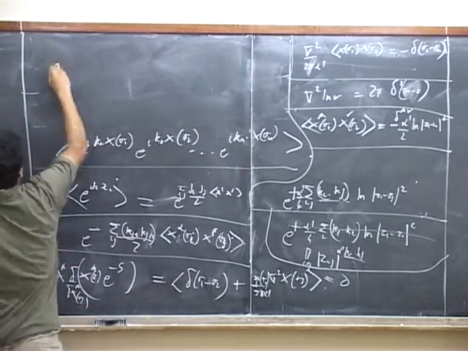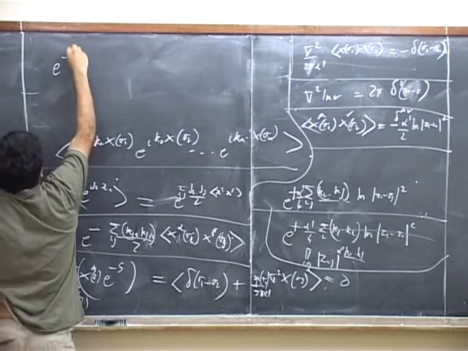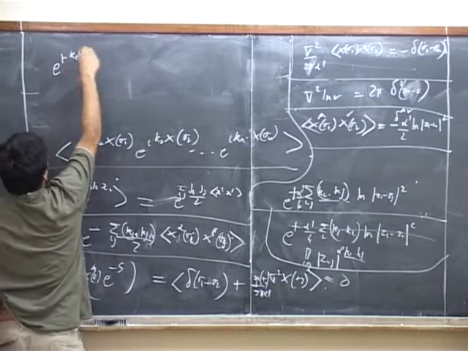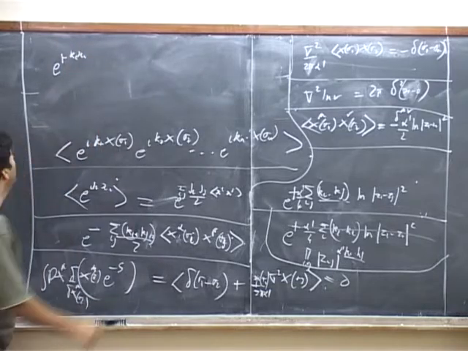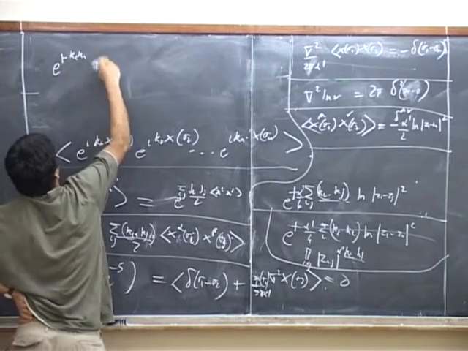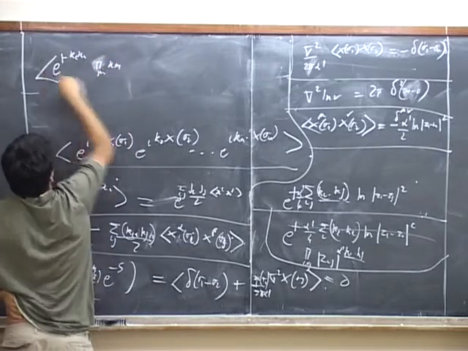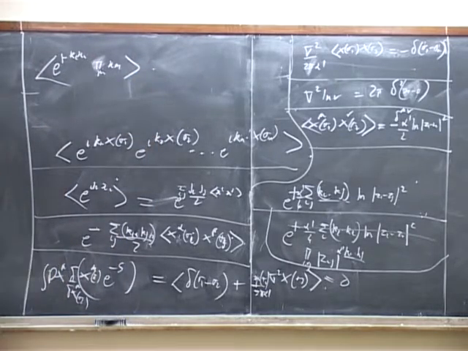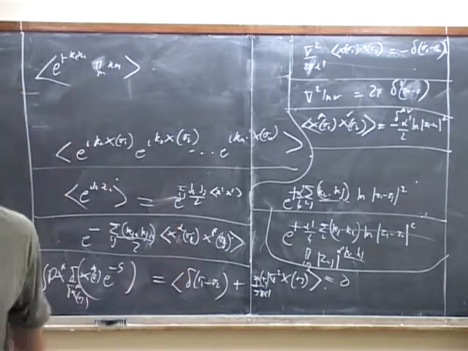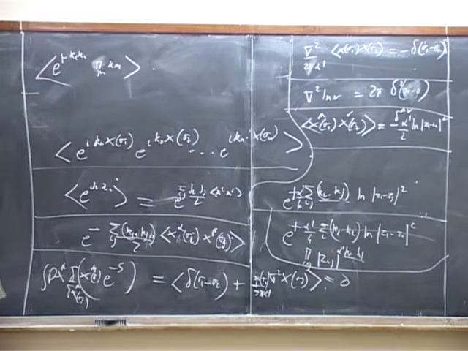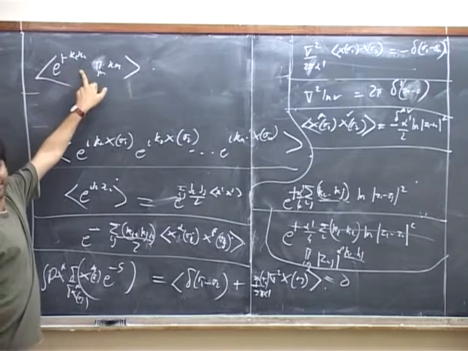Okay, so suppose we wanted to compute e to the power minus or plus ki xi, in any Gaussian integral, times the product over m of xm. We're going to compute this. Now imagine how you would do this calculation.